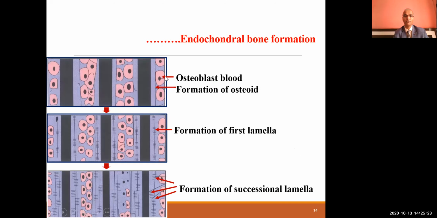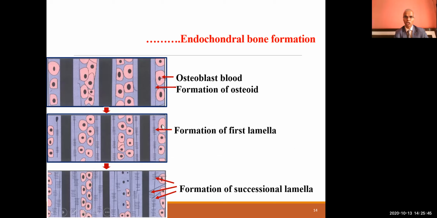Here, this is the osteoblast. These osteoblasts secrete the osteoid matrix around the medullary space, a secondary area. So there is formation of osteoid layers, and these osteoid layers mineralize and form the first line.